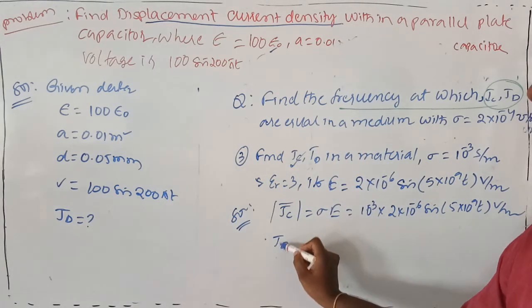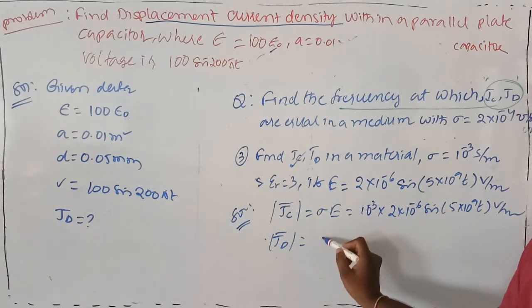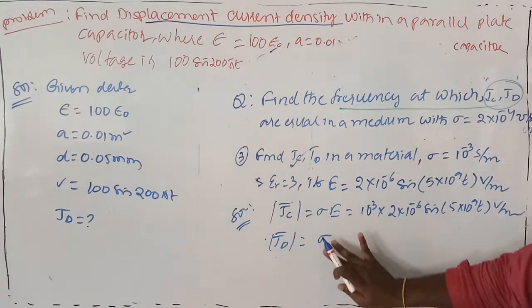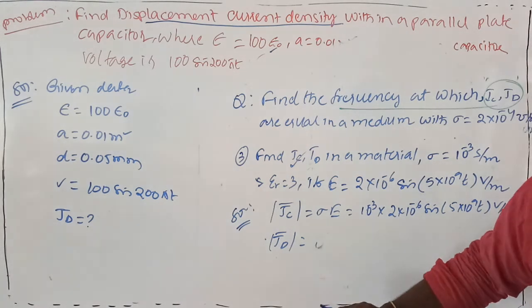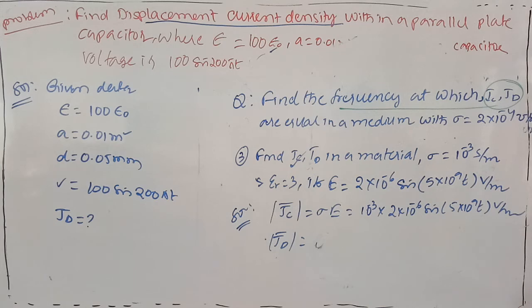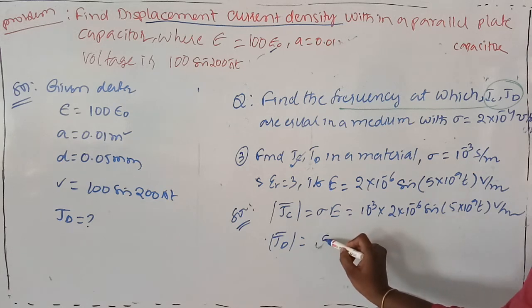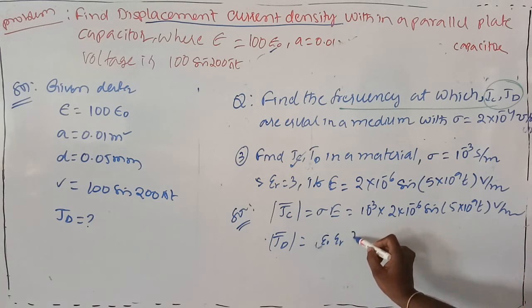Similarly, how can you calculate the displacement current density? The displacement current density formula is dou D bar by dou t. In terms of epsilon naught and epsilon r, it is epsilon naught epsilon r dou E bar by dou t.